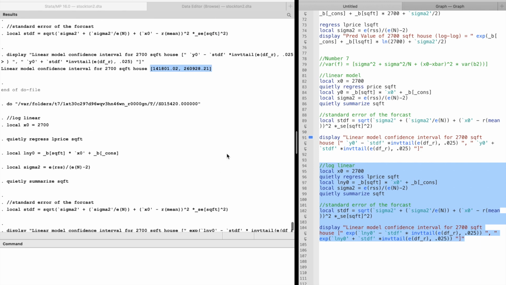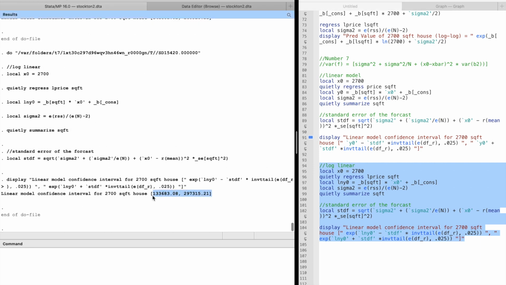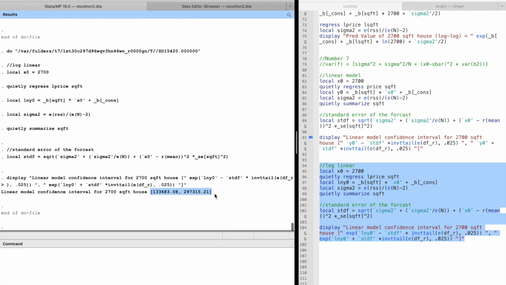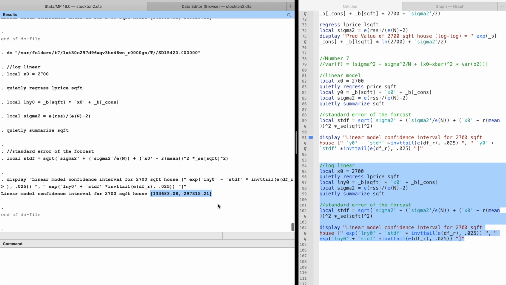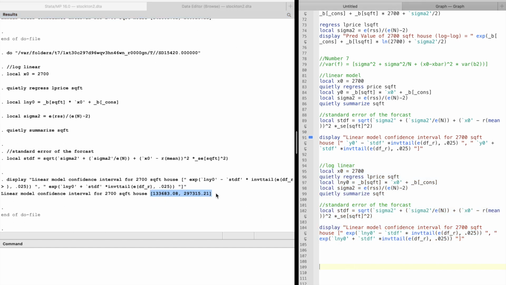So it worked. So we have a slightly wider confidence interval, but telling us similar information. So we're 95% confident that the price of a 2,700 square foot house will fall between these two.